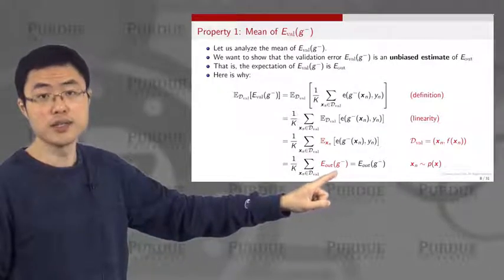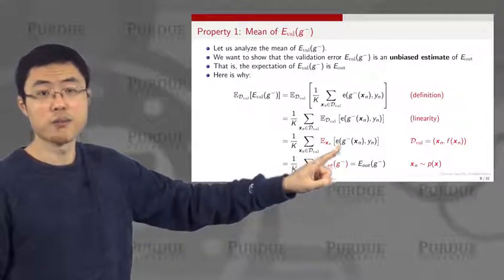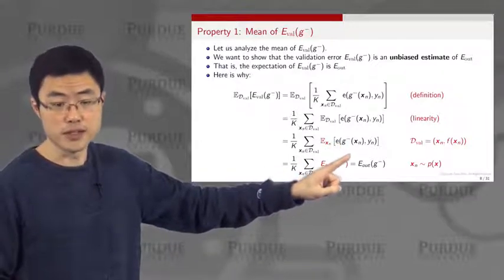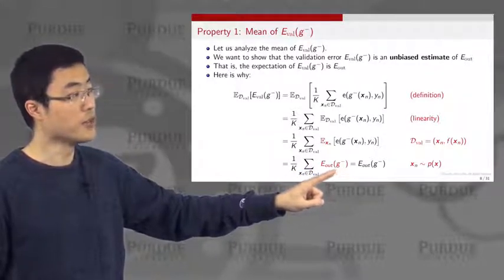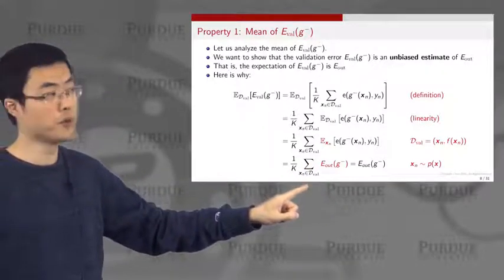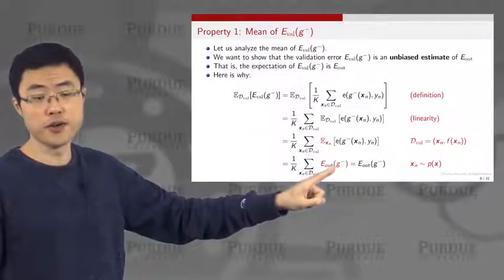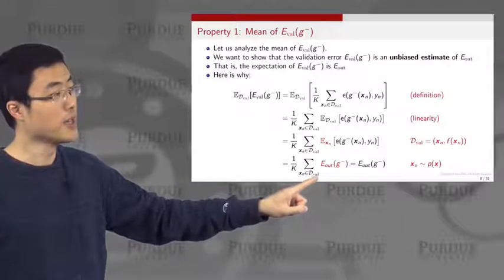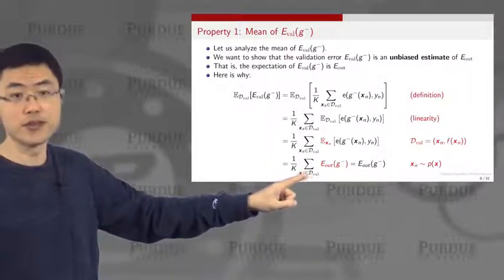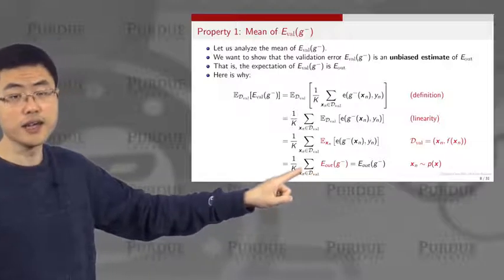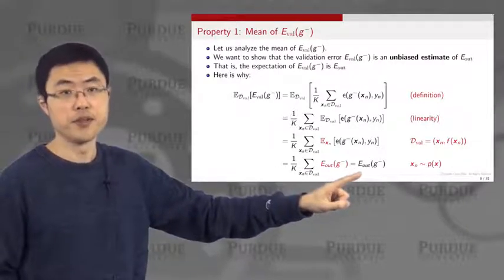The outsample error is evaluated on G minus because here the error is computed with respect to G minus. So you have this outsample error of G minus, and then you sum over all the possible xn's. But now look at this term, there is no xn involved, and so you're just summing this number k times because there are k samples inside your validation set, and you divide by k, so that will give you E out of G minus.